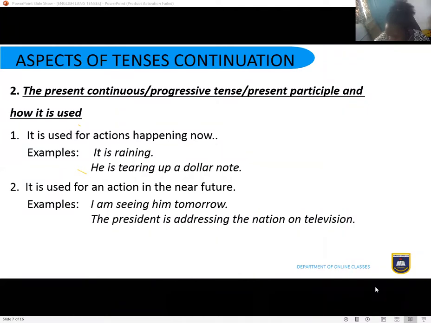Yes. Very good. Now, Desmond, if you're on the line, give us a sentence and identify the verb form that is in the present continuous tense.